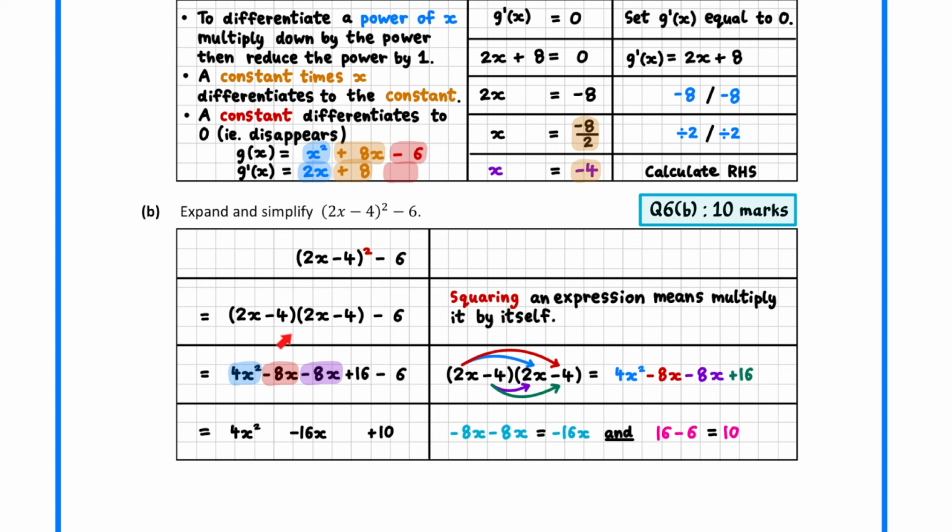Minus 4 times 2x is minus 8x. And minus 4 times minus 4 is plus 16. To finish, we combine like terms. Minus 8x minus 8x is minus 16x, and 16 minus 6 is 10.